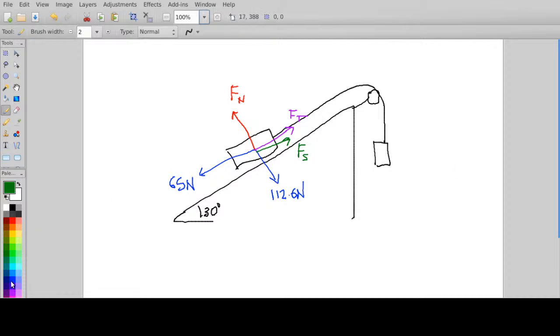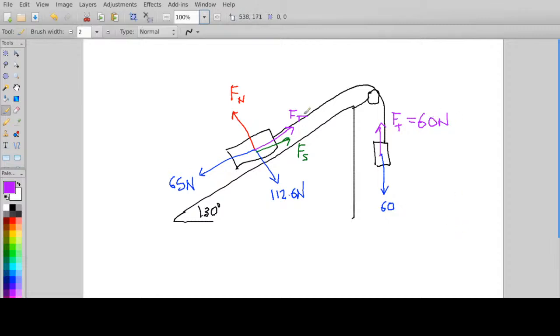And then over here we have this one, which is 60 newtons, and then uphill here we have F_T. We know that these two are equal to one another, because it's not accelerating, so this one is 60 newtons.